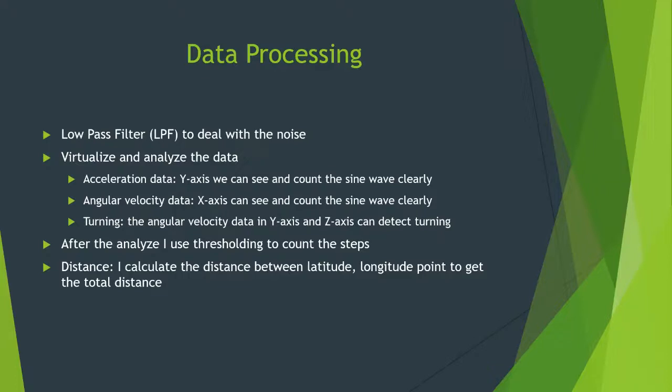For the angular velocity data, I use the x-axis. And for the turning, the angular velocity data in the y-axis and z-axis can detect turning. After the analysis, I use thresholding to count the steps. For the distance, I calculate the distance between latitude and longitude points to get the total distance.